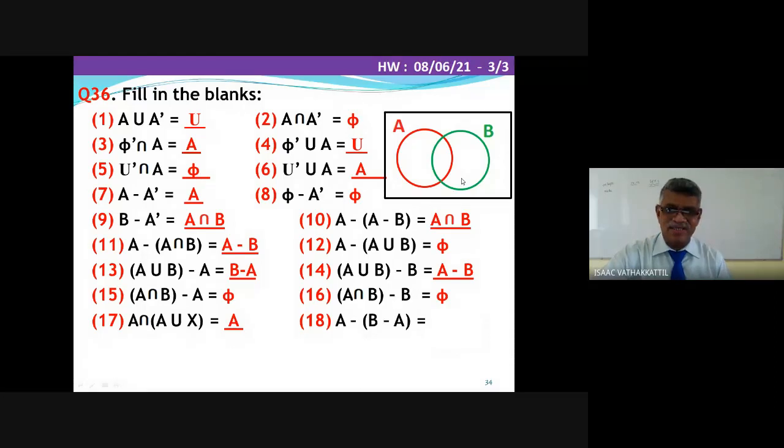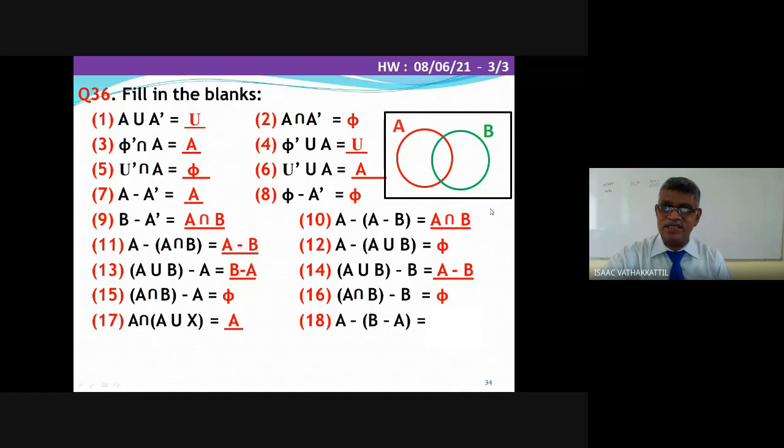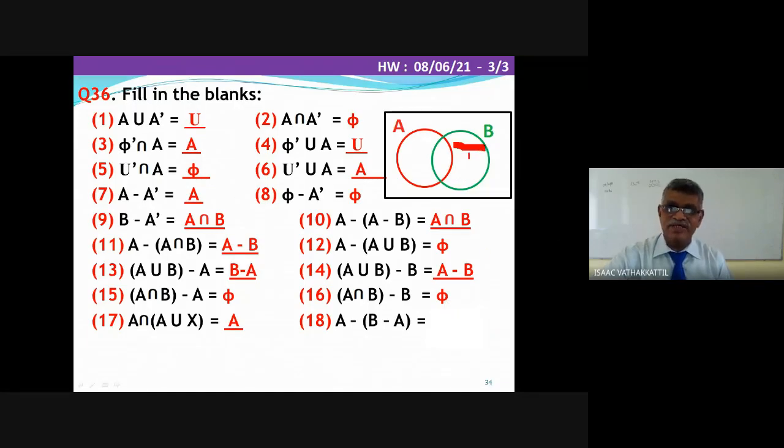It is A only, because what is B minus A? B minus A is this portion. From A, remove this. Nothing is removed. That is A itself. Okay? Great. Let's go for some questions.